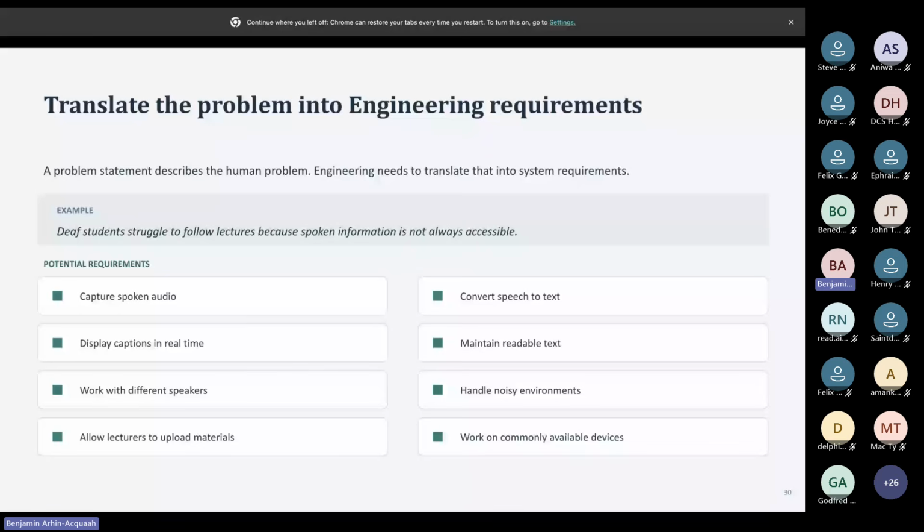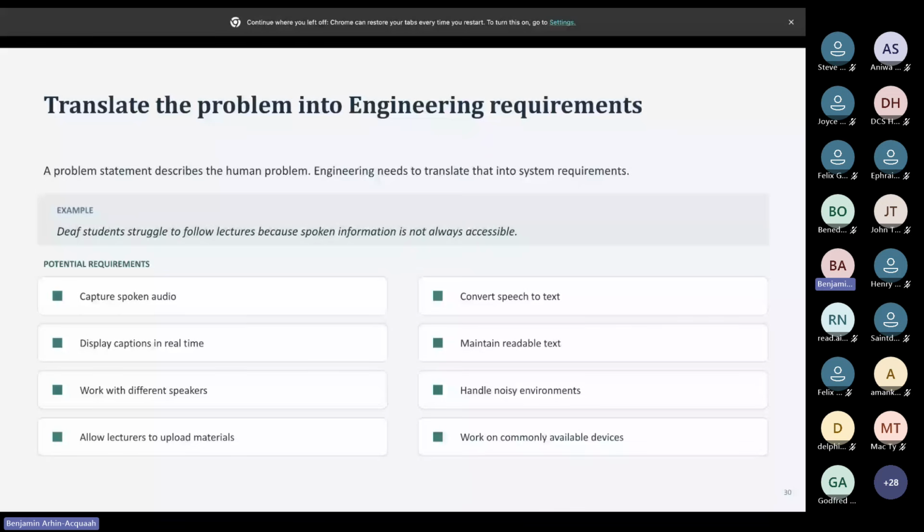So now we go to potential requirements. For deaf students, because they can't hear, you want to give them alternative ways to understand whatever is happening.